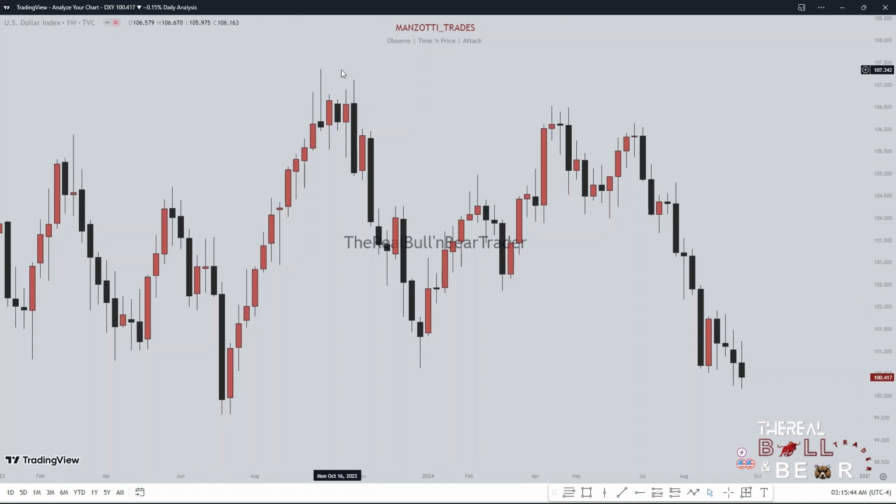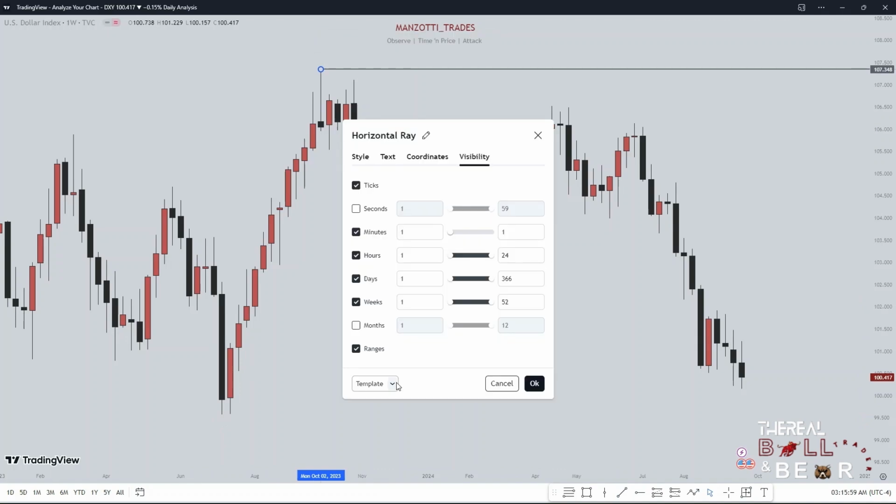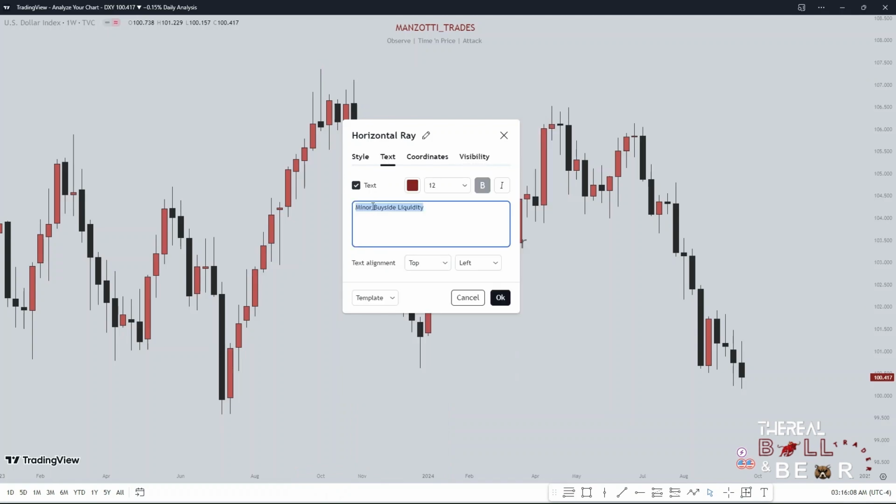None of this has been taken out. So this is major buy side liquidity.